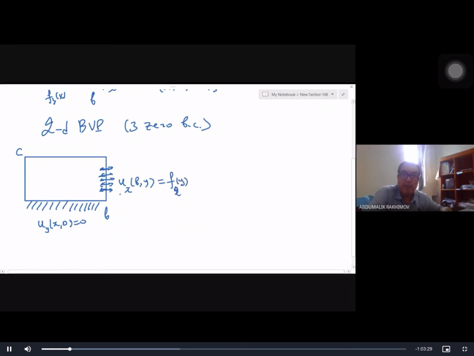So F2(y) means the heat flow is given, and when it is 0, there is no heat flow.